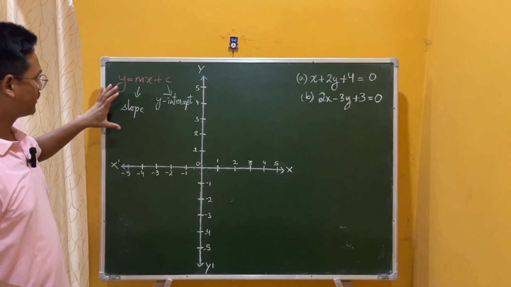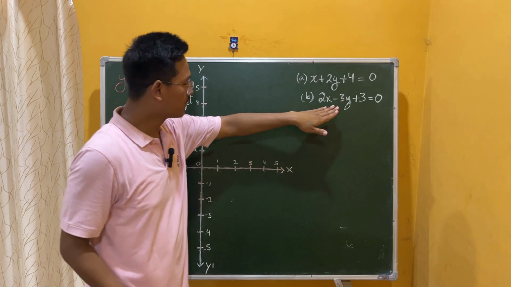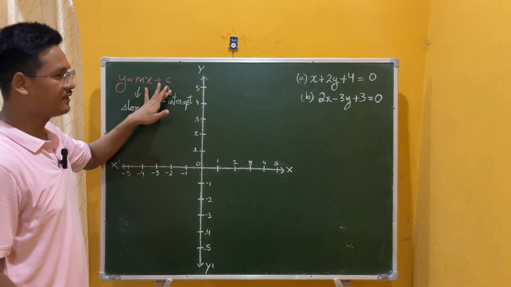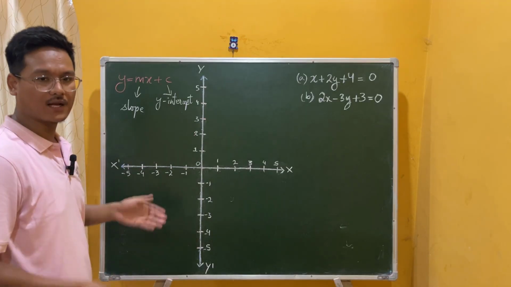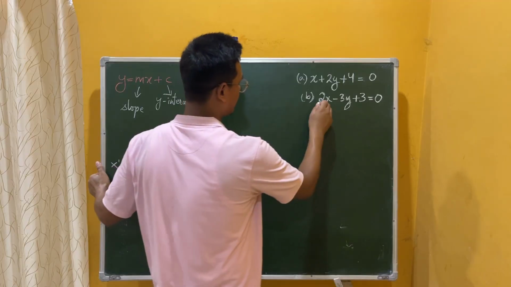So what we are going to do is convert this equation to y equals mx plus c form, and then our straight line will be formed. So let us start with this one first.